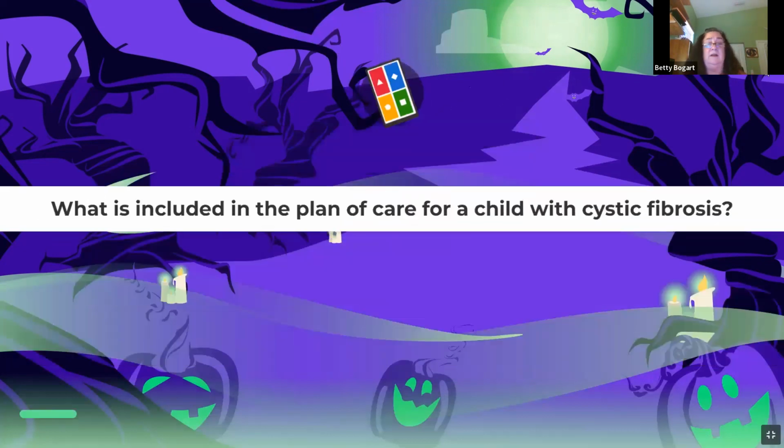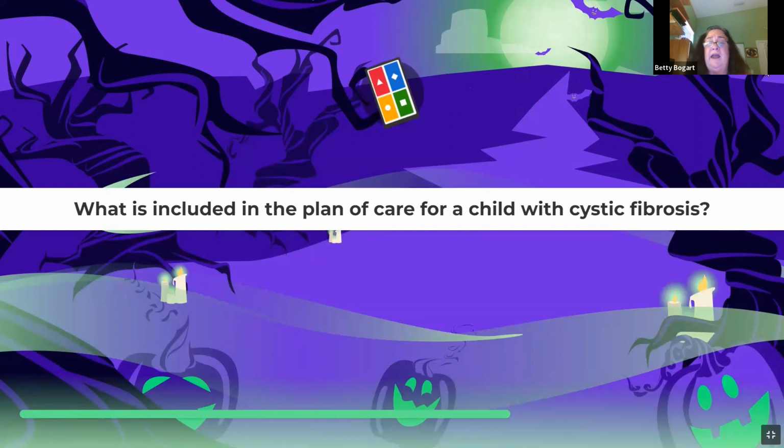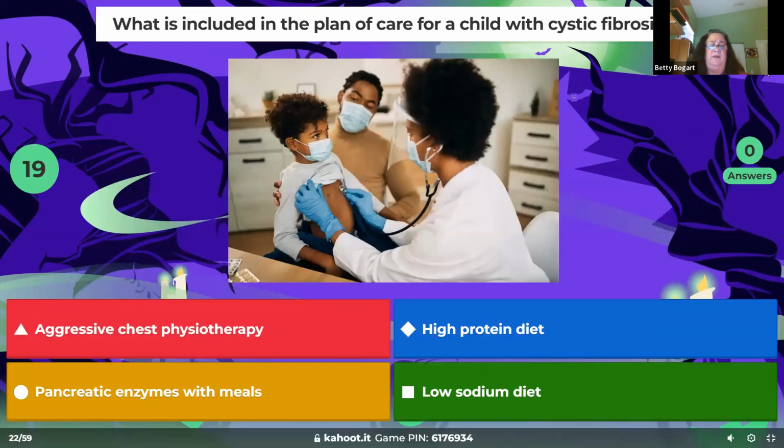A multi-select. What is included in the plan of care for a child with cystic fibrosis? I've told you it's lungs, I've told you it's small intestines, has to do with absorption of food into the body.